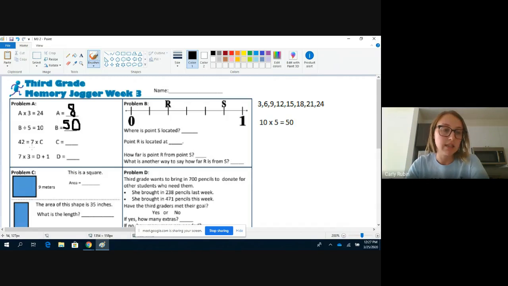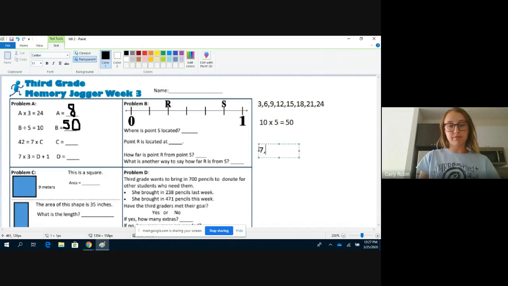All right, so moving on to the next one. 7 times C equals 42. So what I can do for this one is use the opposite operation like we've been doing. The opposite of multiplication is division. So I'm going to skip count by 7 and see how many times it takes me to land on 42.